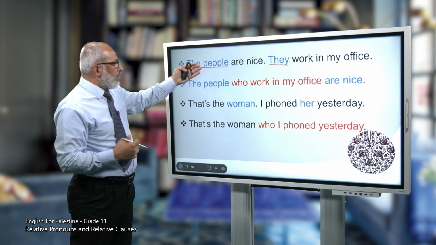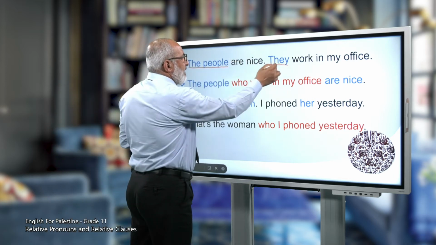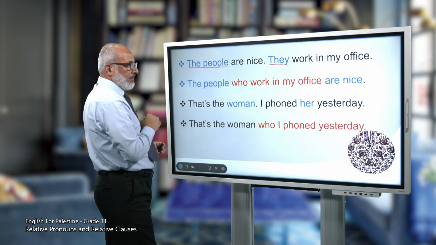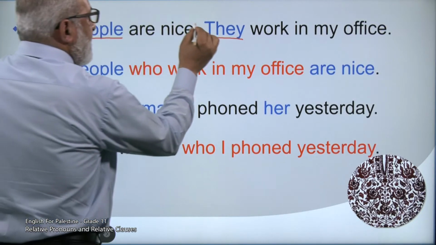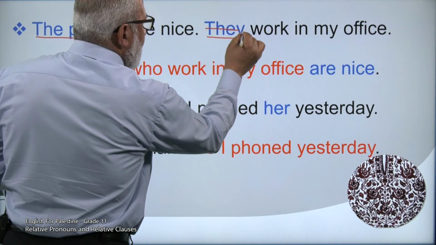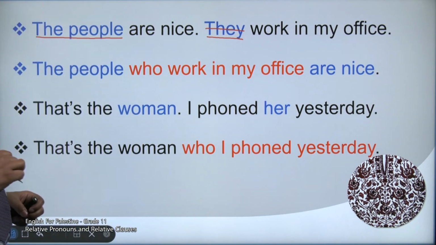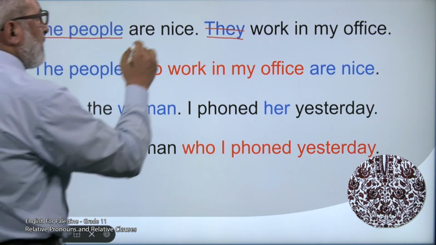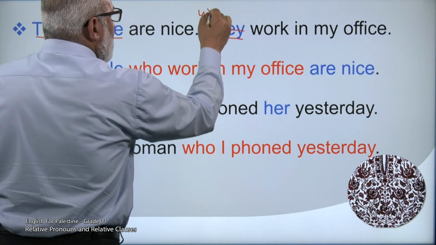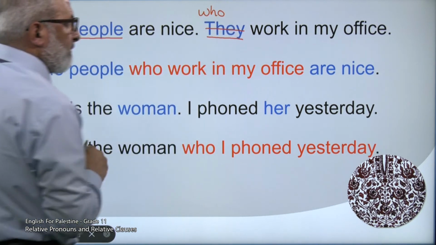The people here and they. They here refers to the people. So the first step is we delete the pronoun here and we add the relative pronoun instead of it.